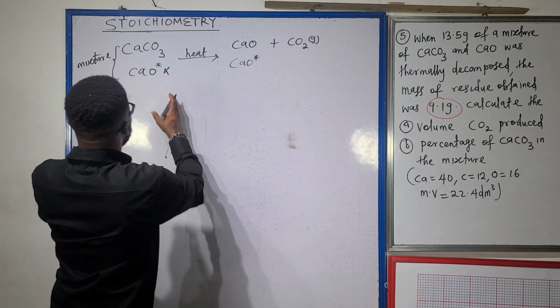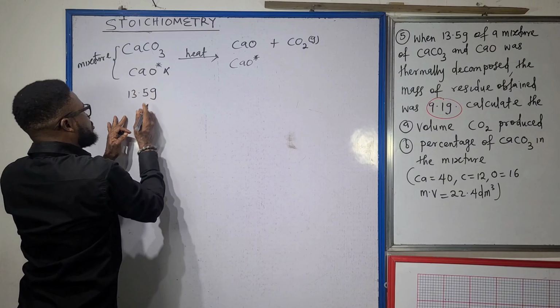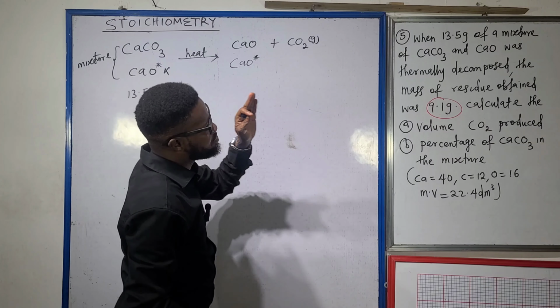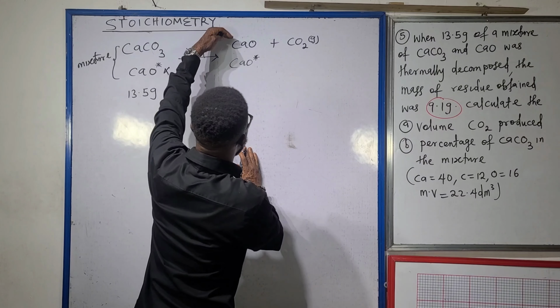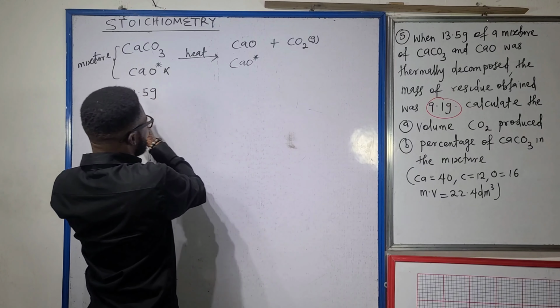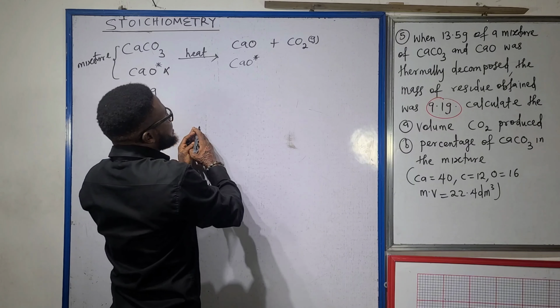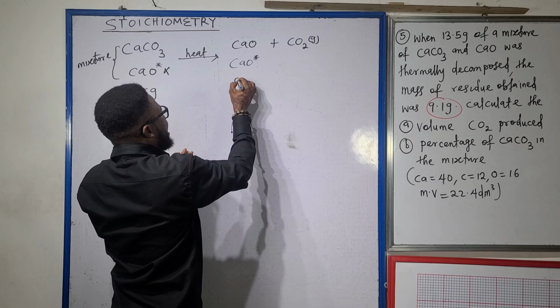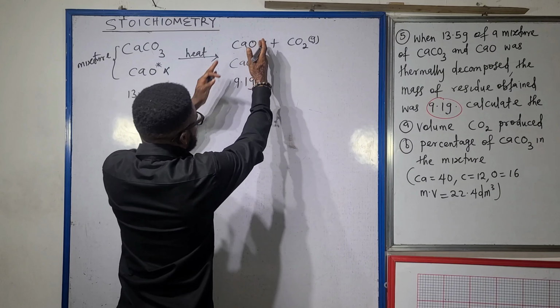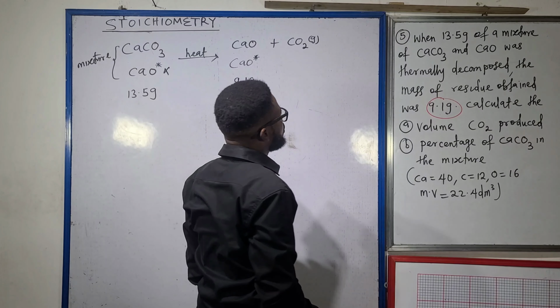So this mixture altogether was 13.5 gram. Now the residue I have left, that's calcium oxide from the reaction and the calcium oxide that has been present since the inception of the reaction, is 9.1 gram here.